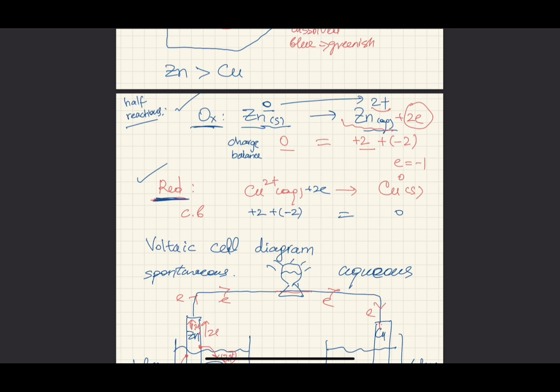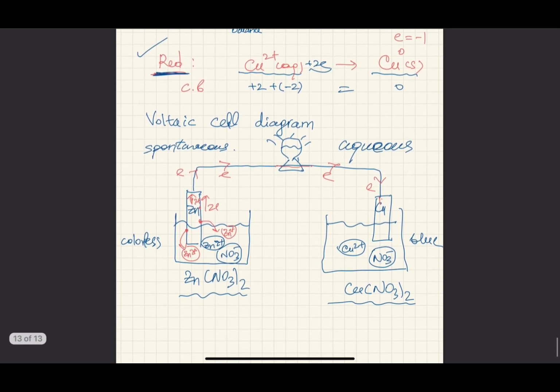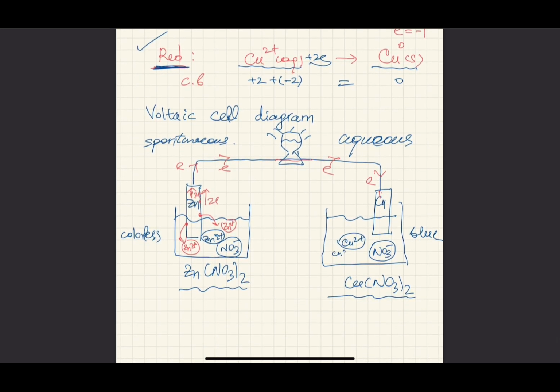My reduction reaction, where copper aqueous solution grabs 2 electrons and makes solid copper. So the copper that I had dissolved inside the copper solution is coming and binding to the surface of copper. Like this metal gets heavier.